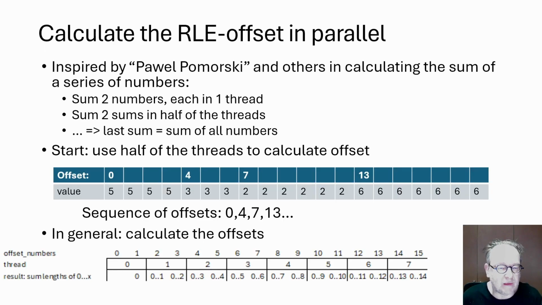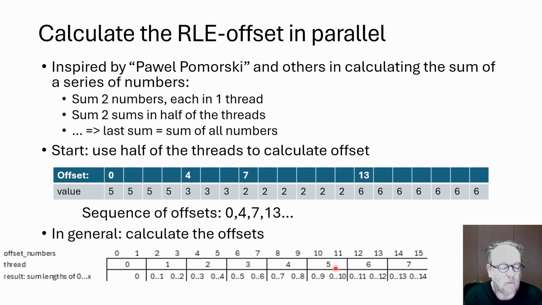Now, a very classic example of the divide and conquer method that we typically use in parallel programming, and you find it really dozens of times on the internet, is a way to sum a series of values. In that approach, if you need to add n numbers, you launch half of that number of threads, and each thread starts with adding 2 consecutive numbers of the series.